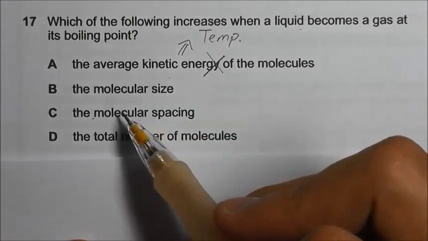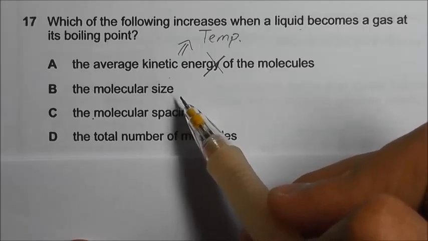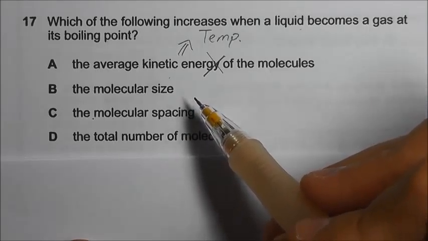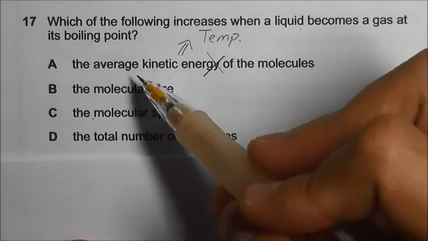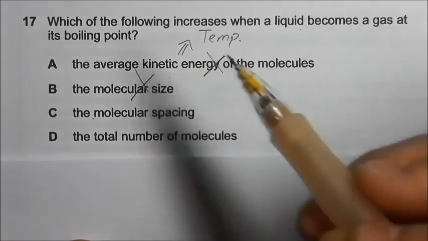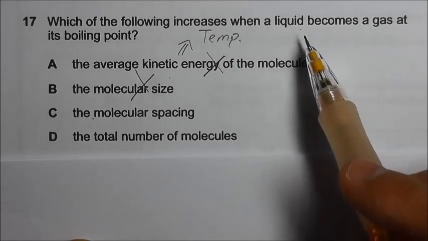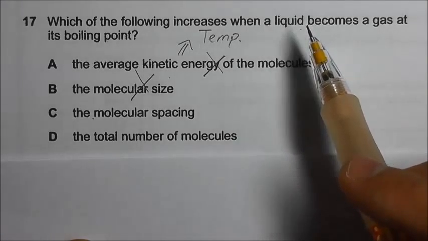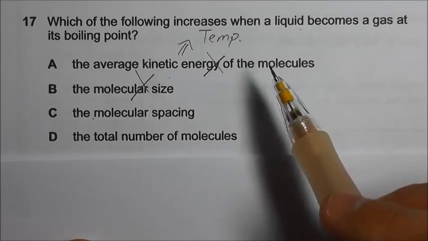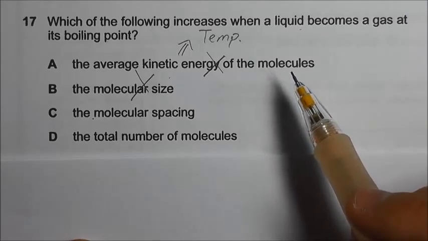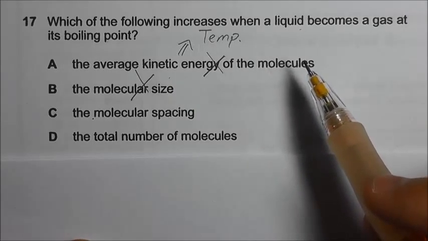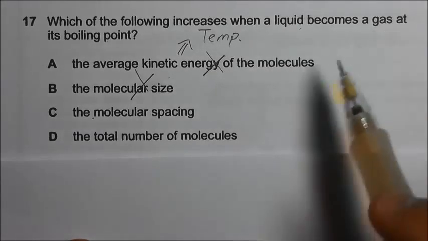Option B, the molecular size will not change during a change in state. It will remain the same, so this is wrong as well. And during boiling, the liquid molecules, they have to break apart from each other to form the arrangement of a gas molecules.